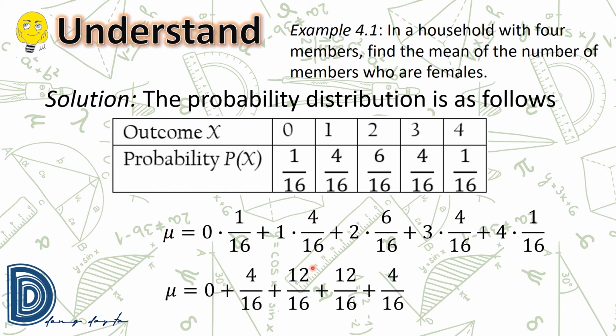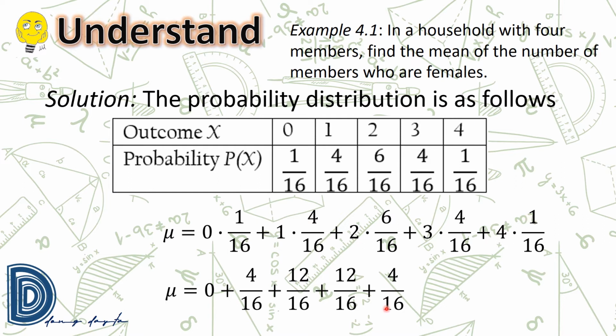Then we have 0 times 1 over 16 is 0. 1 times 4 is 4, so we have 4 over 16. 2 times 6 is 12, so we have 12 over 16. 3 times 4, also 12, so that is 12 over 16. And 4 times 1 is 4 over 16.